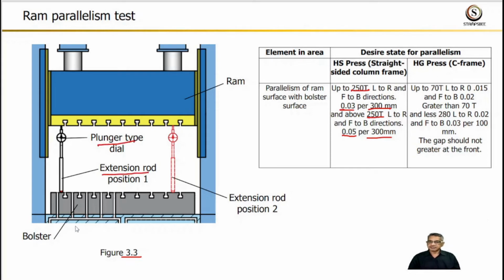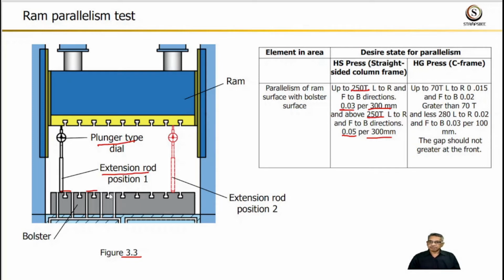The method is, first ensure that bolster flatness is within limit and it is in clamp condition. Set the extension rod and plunger type dial in such a way that there is suitable pressure on it. Take the reading in left to right direction and front to back direction as shown in the figure.